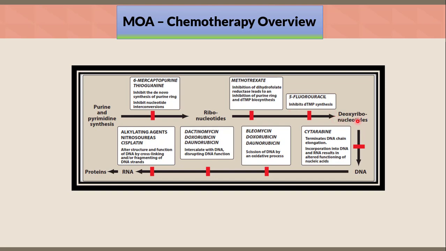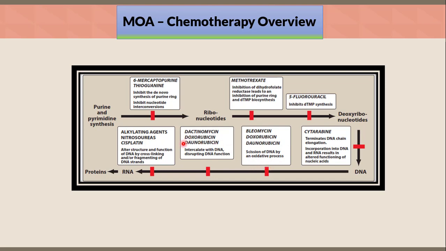And when it comes to cytarabine, it terminates the DNA chain elongation, and incorporation into DNA and RNA results in altered functioning of nucleic acids. For bleomycin, doxorubicin, and daunorubicin, cleavage of DNA by an oxidative process.